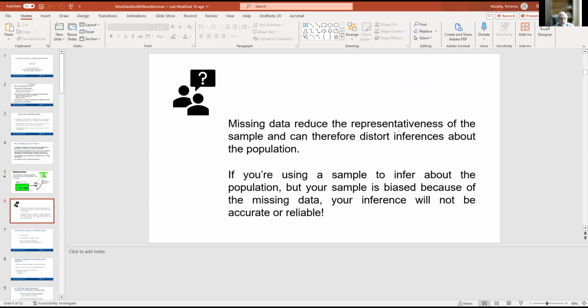Very simply, missing data can reduce the representativeness of the sample and therefore distort the inference that we want to draw about the population. Another way to say this is if your sample is biased because the missing data is not completely randomly the same as what you have, your inference may not be accurate or reliable.